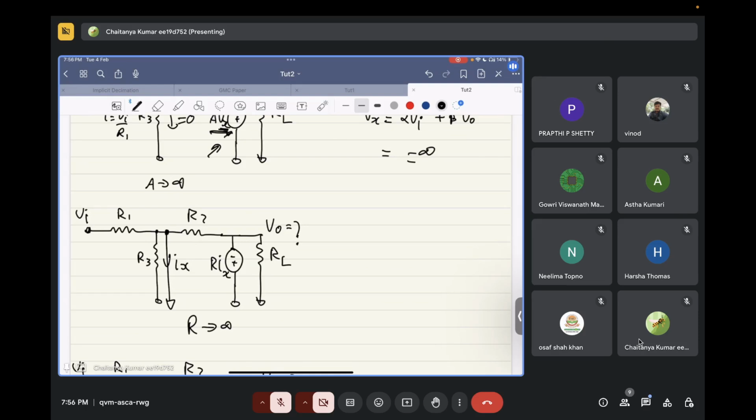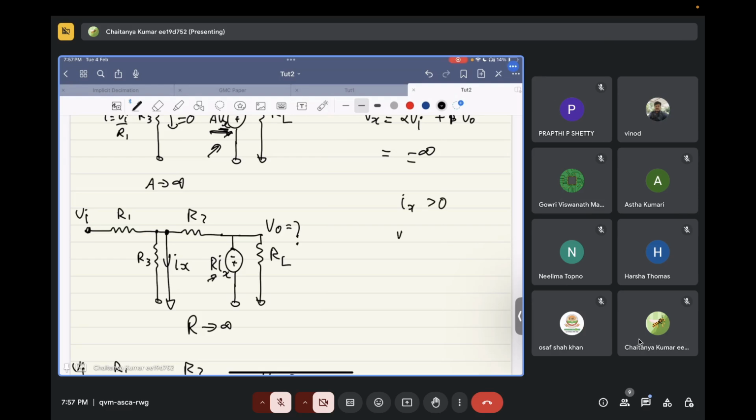Again, you will see whether the circuit is in negative feedback or not. So R is tending to infinity. So this time, what is the controlling parameter? Ix, right? So again, I will assume Ix to be greater than 0.